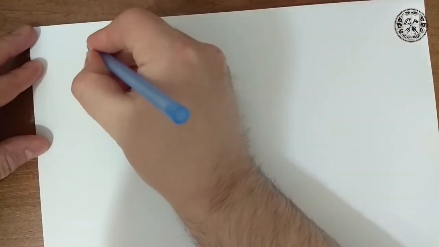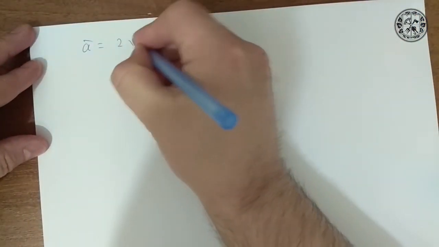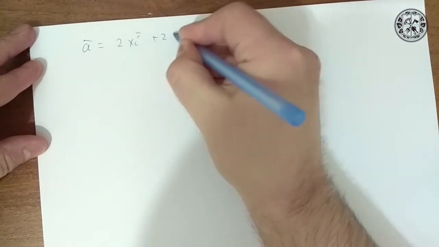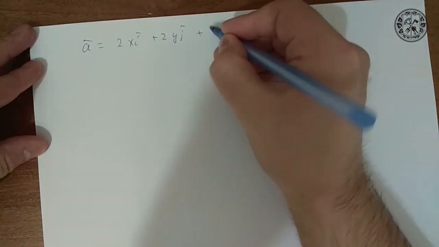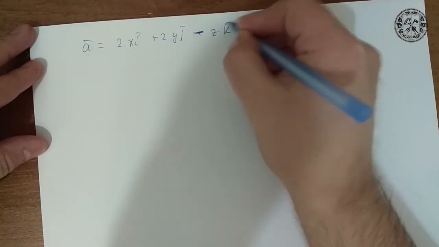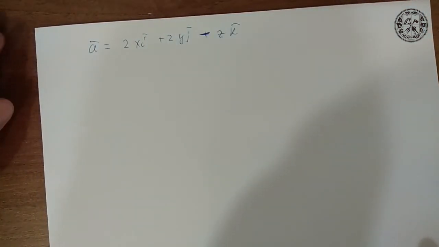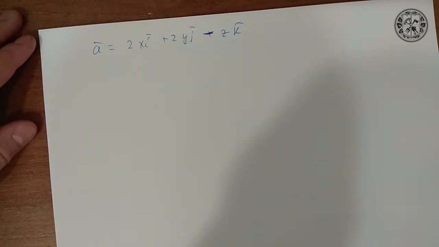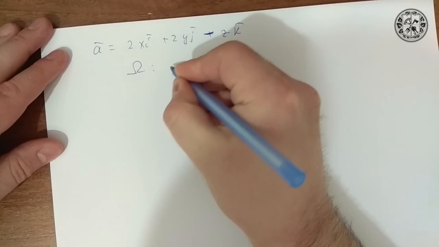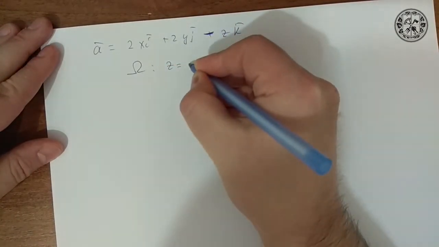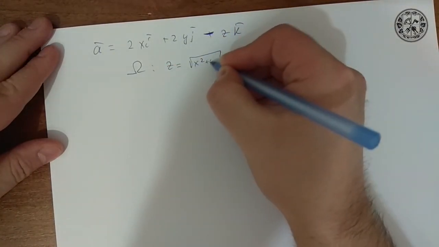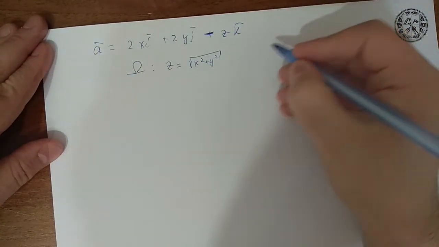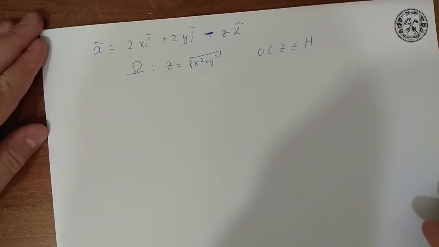One more problem. We have the vector field 2x i plus 2y j minus z k. And this flow is going through the outer part of a closed surface omega specified by z equals square root of x squared plus y squared, where z is from 0 to h.